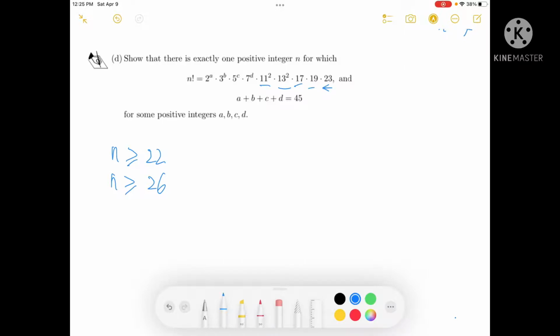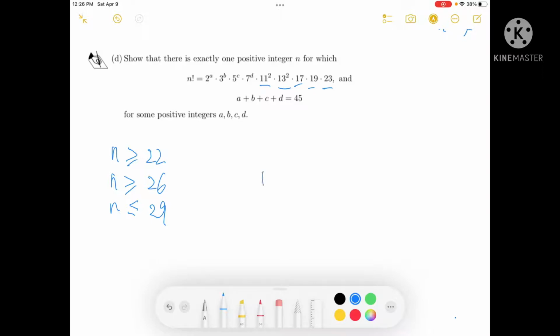The next biggest prime number is 29. But there is no multiple of 29 in n factorial, so n must be smaller than 29.